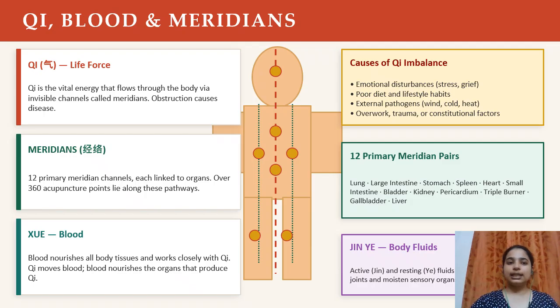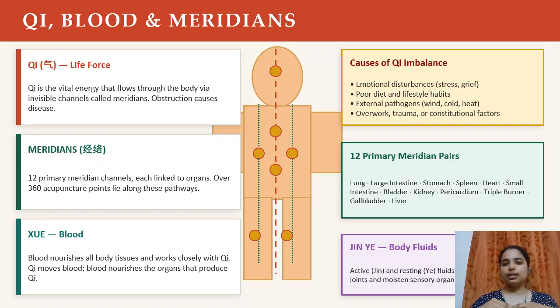Now coming to the ki or the life force. So ki is the life force or the energy that flows through the body through channels called meridians. We have 12 meridian pairs, and these channels are the linkage between the organs, and any obstruction in the life force or ki can lead to disease conditions. So what are the causes of ki imbalance?